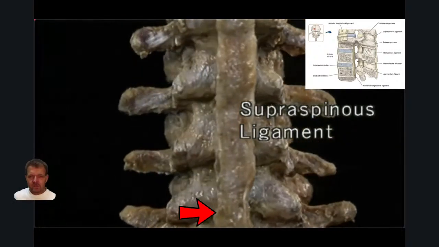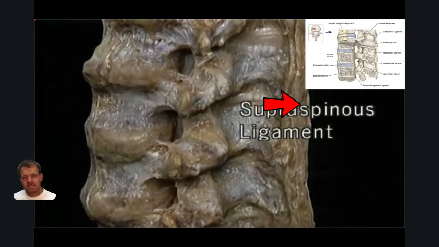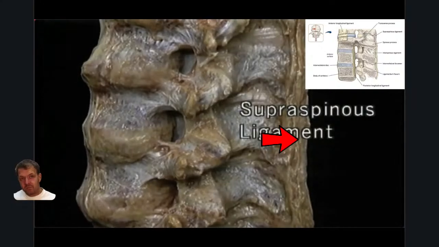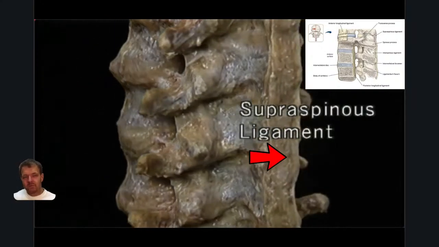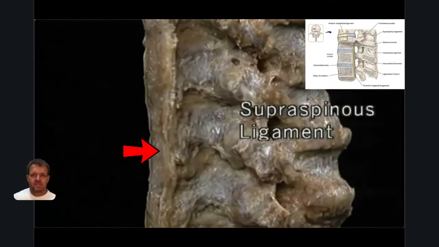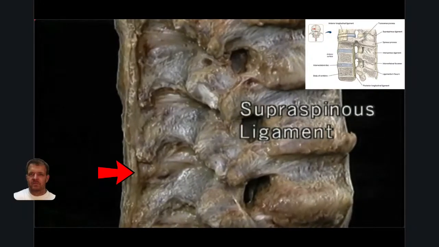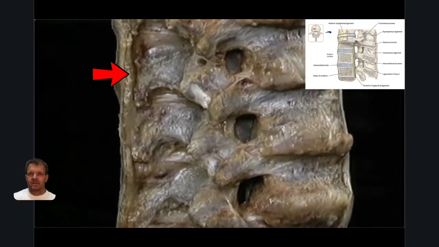So when you have a feel of someone's spine and you're feeling for those spinous processes, you're basically palpating the supraspinous ligament, and you'll be able to push hard enough to feel the shape of the spinous process underneath. But that's what is on top of them. So there are a lot of passive structures that protect the spine, loads.